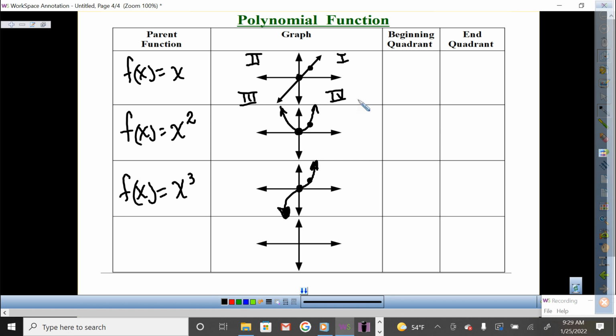So I'm going to do a couple of observations to see if you see what I see without saying anything, yeah? Okay. All right. So, the graph of this one, from left to right.